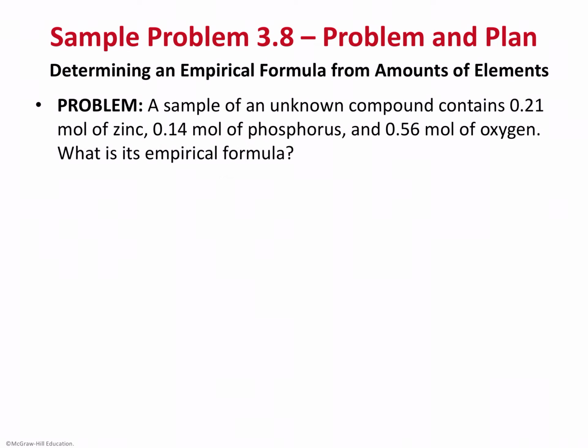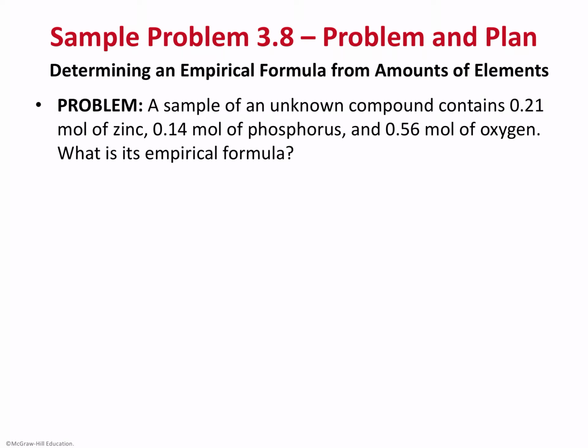We cannot have fractions. Now keeping that in mind, a sample of unknown compound contains 0.21 moles of zinc, 0.14 mole of phosphorus, 0.56 moles of oxygen. What is its empirical formula?